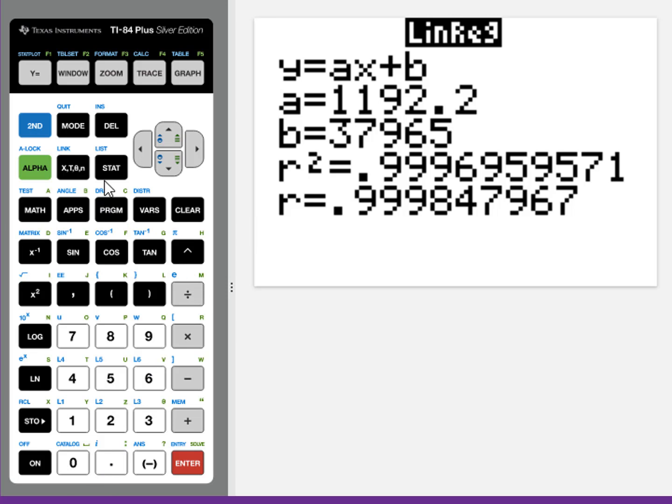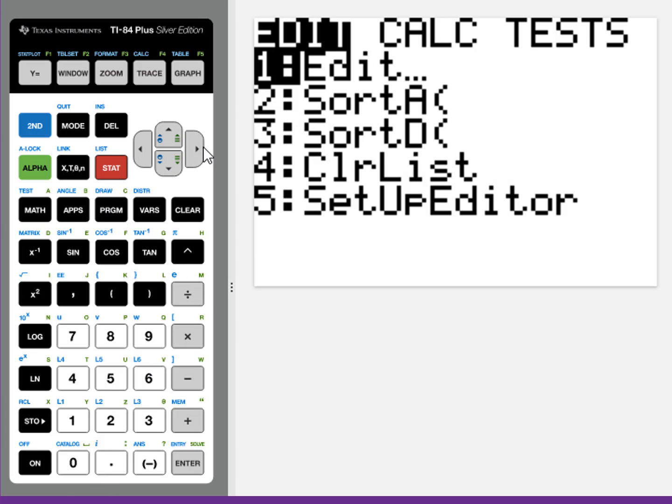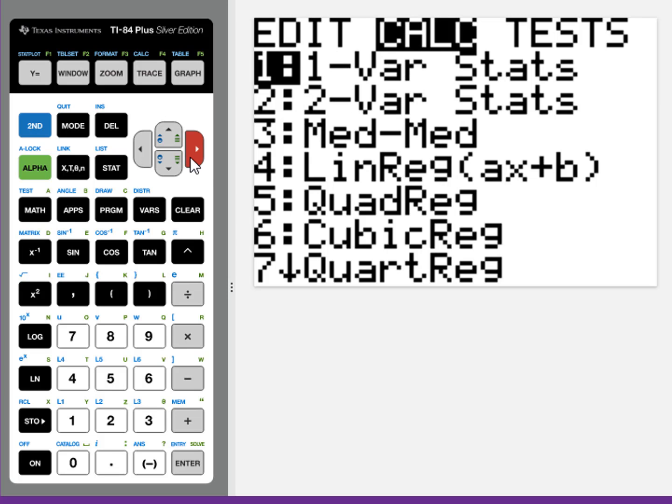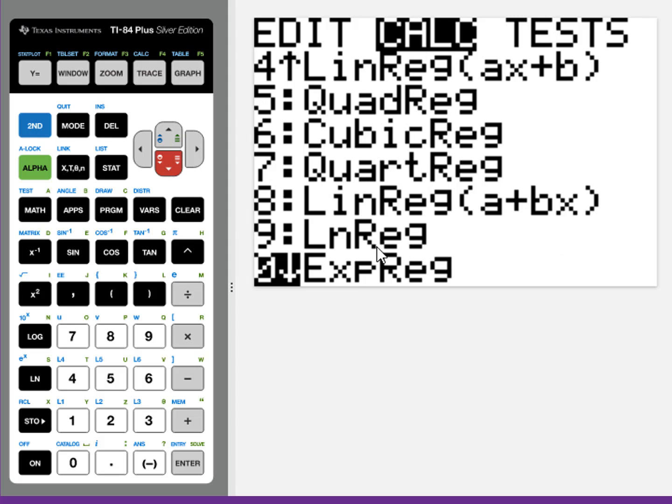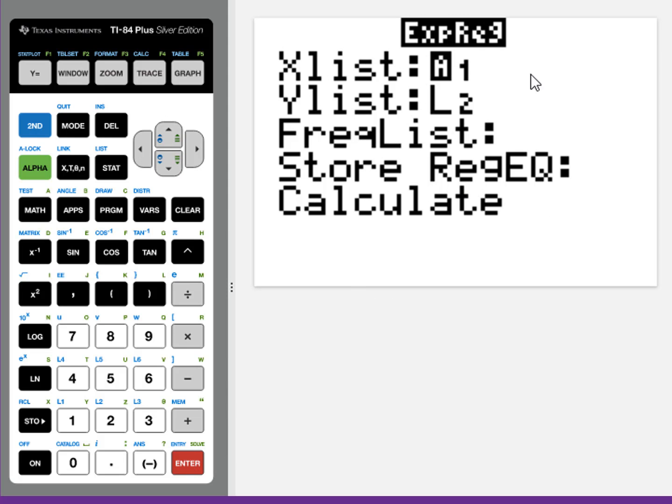Then I go to Stat again. I need to check that exponential regression equation. So I go down, find exponential regression, and press enter. Still L1, L2, no problem. I need to store this regression equation, so go to Y2.